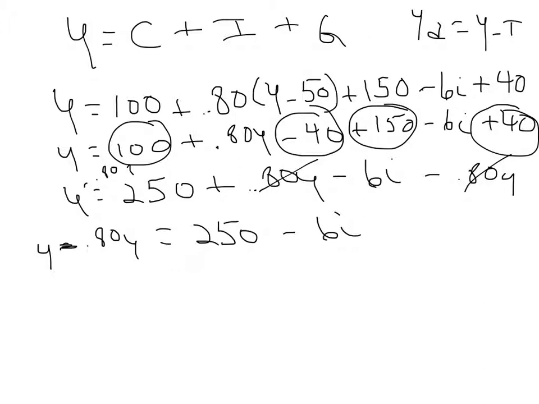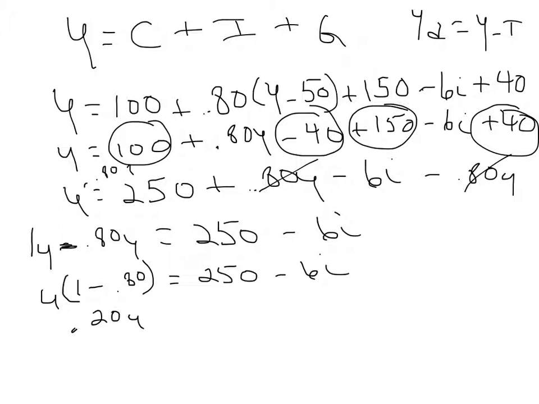Now I'm going to isolate the Y on the left hand side. So I have Y. Remember, it's an imaginary 1 right here. So I have Y times 1 minus 0.80 equals 250 minus 6I. 1 minus 0.80 is 0.2, so I have 0.20Y equals 250 minus 6I.